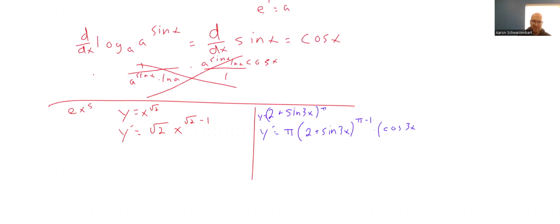And I've got another chain there, times it's got an inside of 3x, which has a derivative of 3. So I would simplify this to 3 pi cosine 3x times the quantity 2 plus sine 3x to the pi minus 1 power.